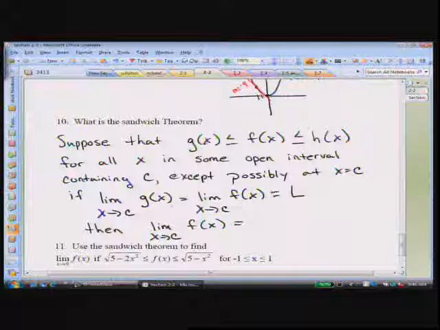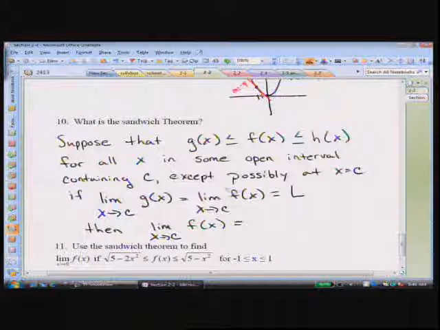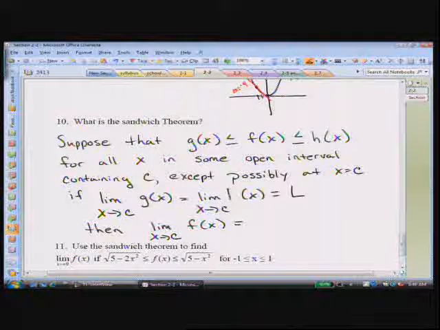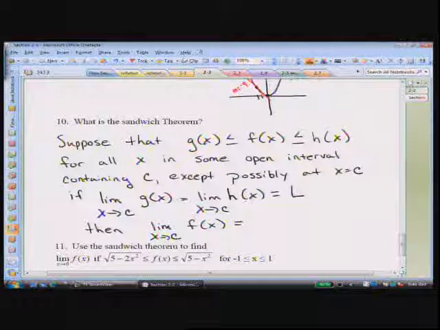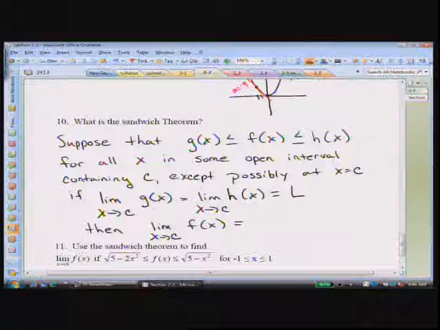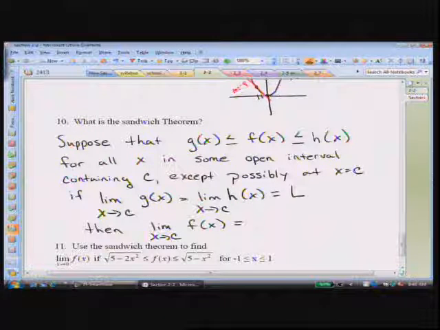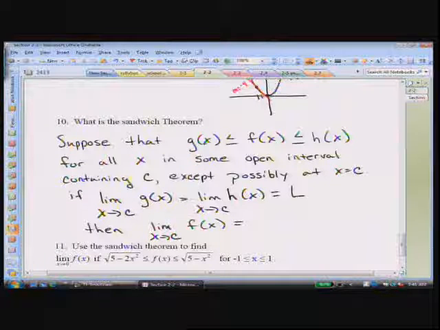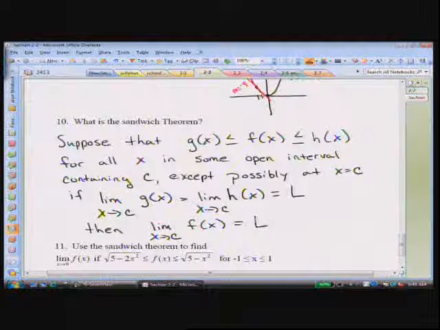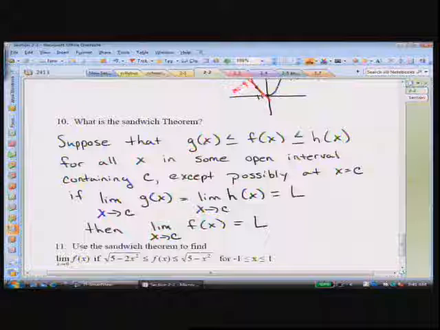F is the meat, and g and, oops, did I say h and write f? This has to be an h. This is the bread. G of x and h of x are the bread, and f of x is the meat. But if g of x and h of x are both equal to L, then f of x also has to be equal to L because it's sandwiched in the middle there.